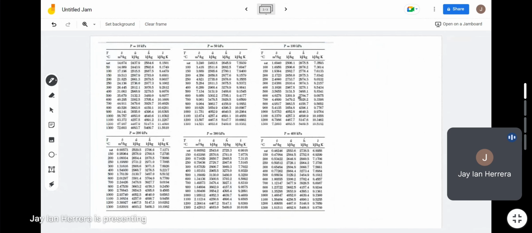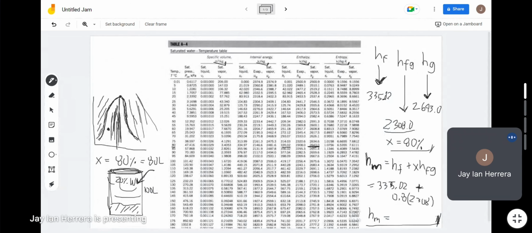Ayan. So, dito naman, normally, back to the curve ulit. So, as the vapor continuously heats up, ayan. So, mapupunta na yan sa superheated steam na region. So, ayan.